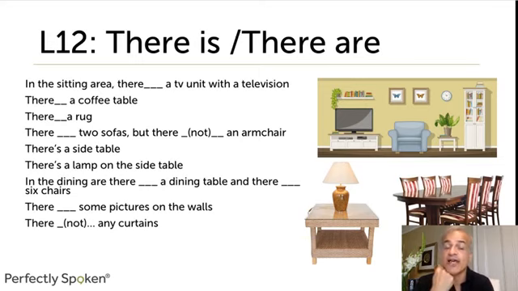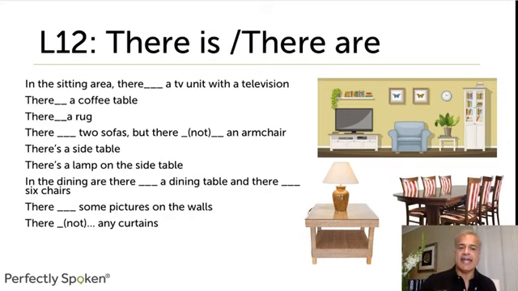Example: in the sitting room, there is a TV unit with a television. There's a coffee table. There, negative, I think, there isn't a rug. There are 2 sofas, but there isn't an armchair. There's a side table. There's a lamp on that side table.